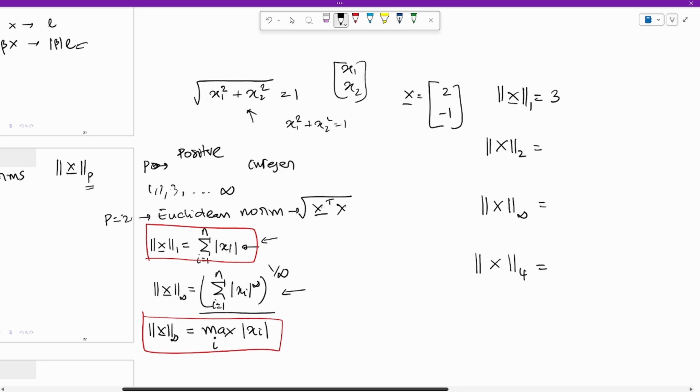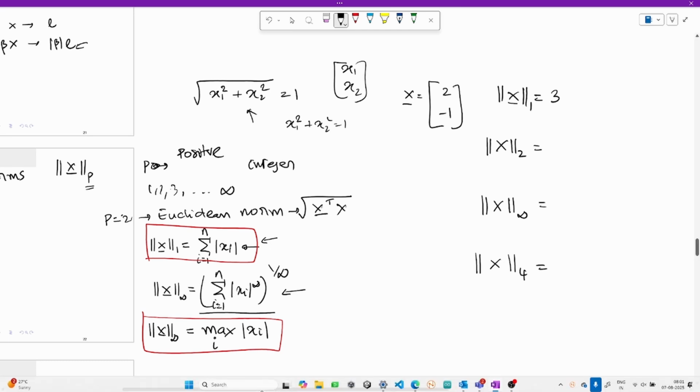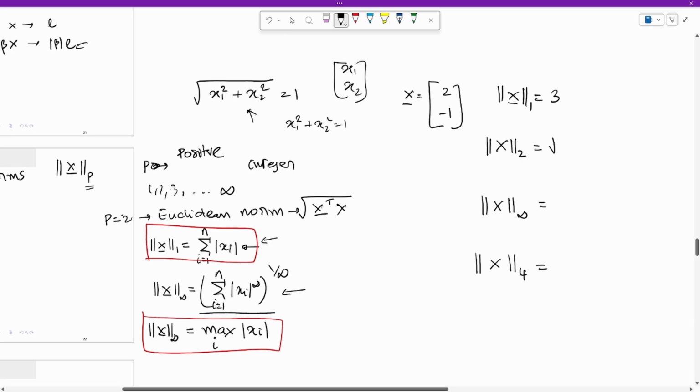What about the 2 norm? It's the square root of x1 square plus x2 square, right? Yes. Okay. What about the infinity norm? It's 2. Here you always have to take the absolute value, so it will still be 2. What about the fourth norm?